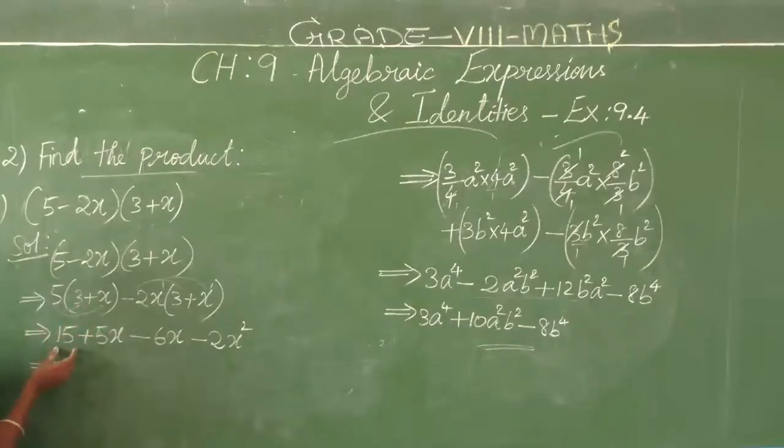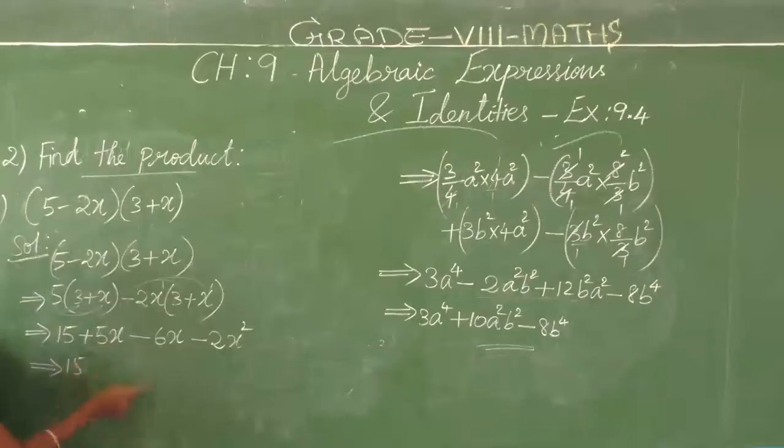So what I did here: 5 3s are 15, plus into plus, plus 5 into x, 5x, minus into plus, minus 2 3s are 6 into x, 6x, plus into minus, minus 2 into x, 2x square. Simplify: 15 plus 5x minus 6x, both are like terms, so we can combine in the addition way. Minus 6 plus 5, which is greater?